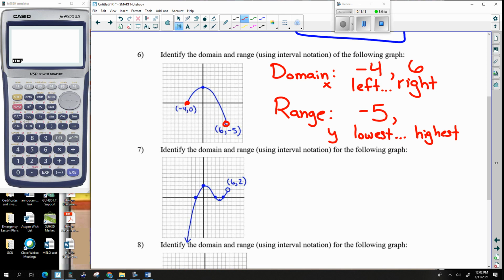But that would be incorrect. Is there anything above that dot? Yes, there is stuff above that dot. Here is the top, the top of the mountain right there. It has a y coordinate of 4. So the lowest is -5, and the highest is 4.